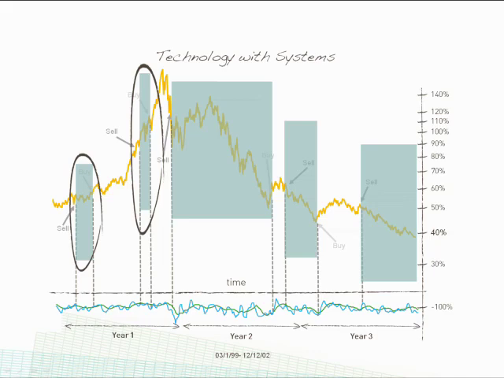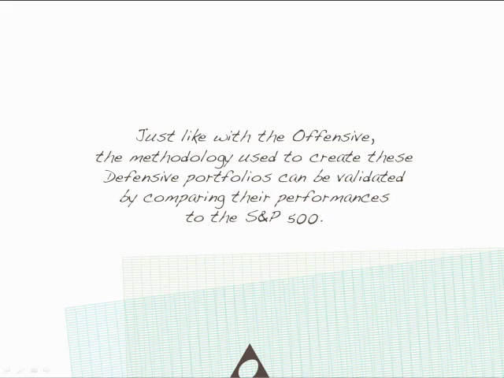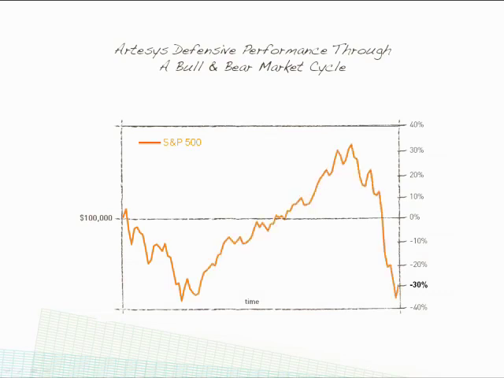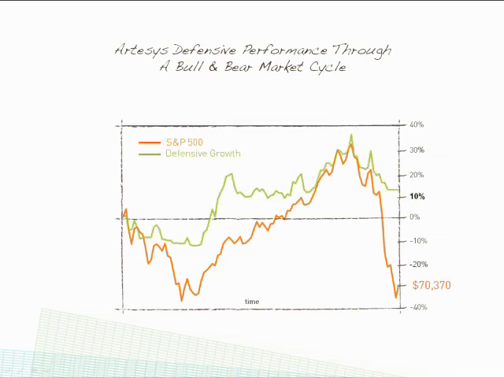Just like with the offensive, the methodology used to create the defensive portfolios can be validated by comparing their performance to the S&P 500. Over two bear markets, $100,000 invested in the S&P declined to $70,370, as shown here. Meanwhile, $100,000 invested in the Artesis defensive growth portfolio increased to $111,700.